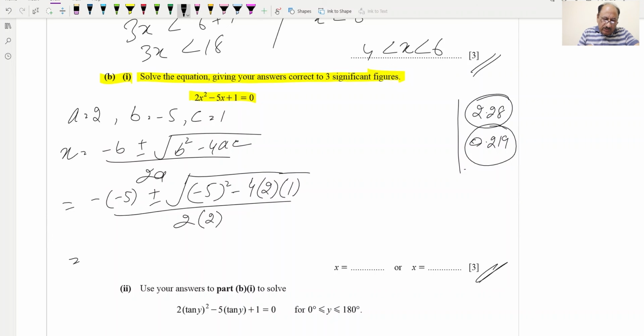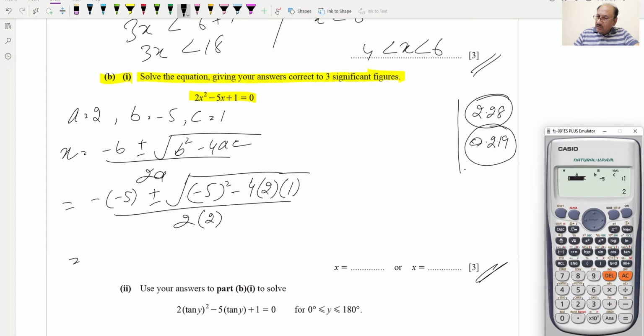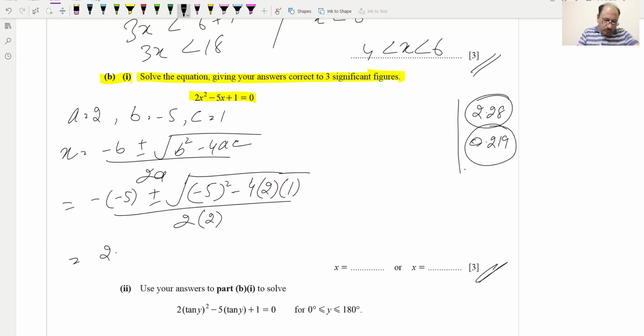We can solve this with the help of the calculator: fraction, minus -5, and we will use plus, then second time we will use minus. So in brackets -5 squared minus 4 into 2 into 1, and this divided by 4, and this gives a syntax error. We have to put a multiplication symbol, and this is 2.28. So 2.28 is one answer.